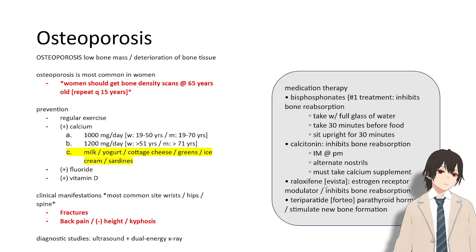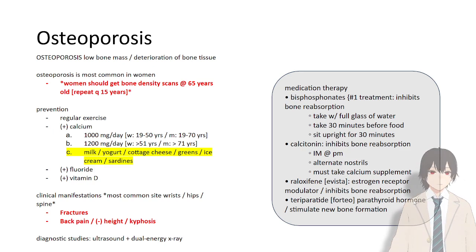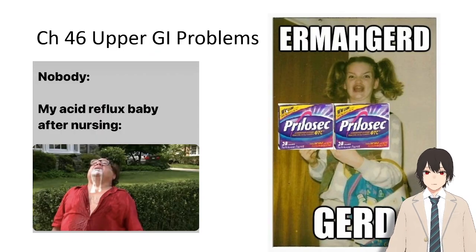But honestly, this one was pretty low yield. Forteo impacts the PTH, the parathyroid hormone, and it stimulates new bone formation. So honestly, if I can only remember a couple of these, I would recommend these two and Forteo. And just remember, bisphosphonates have the jaw necrosis thing going on.